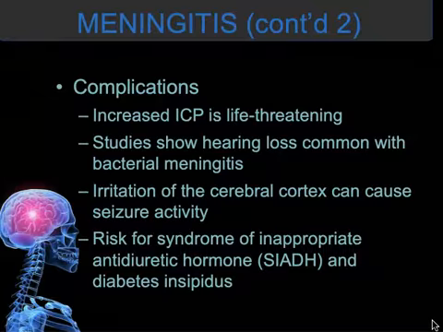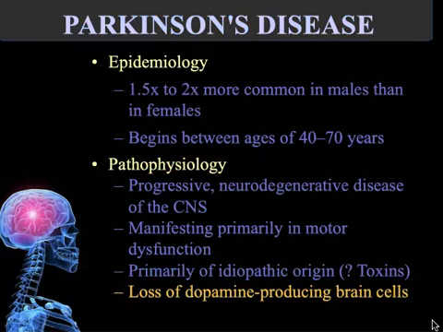Certainly you worry about increased intracranial pressure, and people can end up having significant comorbidities with meningitis itself, like seizures. They can develop SIADH or diabetes insipidus, which we'll get to in the next few weeks. That can be quite debilitating and limiting for these patients.